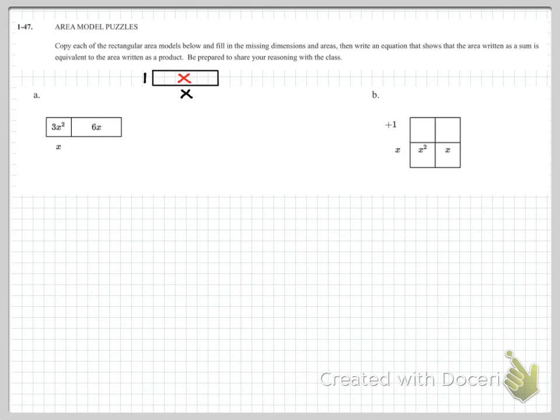Well, one of the things that's important to note, and this goes way back, is the idea of being able to find the area of a rectangle. You guys know that the area of a rectangle itself is just base times height. So if I take a look at this, my area is base times height. So the base is X, the height is 1.